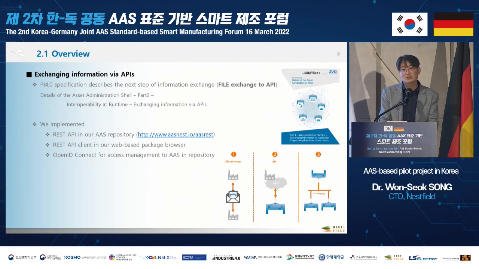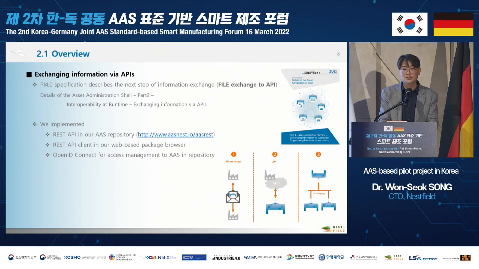The second step is API. To make autonomous communication, AAS should be connected to other external devices or external AAS. So we need to have outbound communication. To enable that outbound communication, we can utilize API, and a repository can be the source of the data to send.